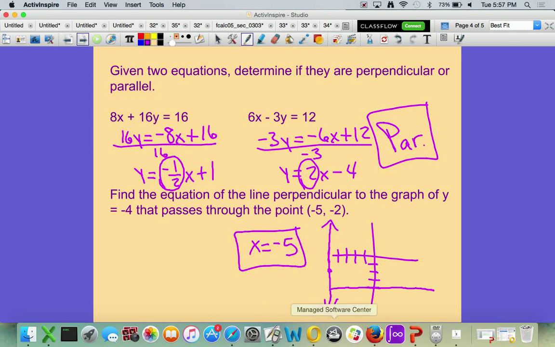When you have lines like this that are either parallel or perpendicular, whether they're vertical or horizontal, you're going to have to think through that concept there. And the nice thing about this was, we know our original was horizontal, so our new line has to be vertical. Vertical is always dealing with the x. Well, there it is, there's our negative 5 for the x.